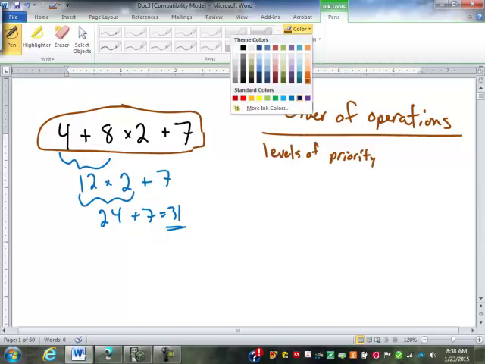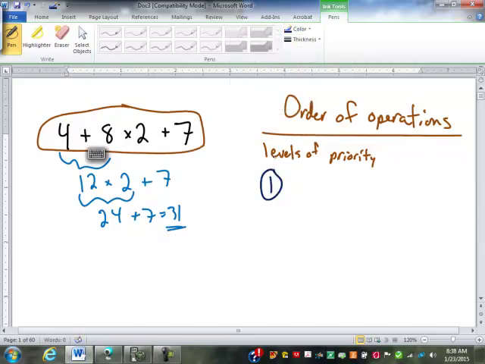It defines the number one, or first level of priority, something called enclosing symbols. Many of you have probably just heard this one called parentheses. Parentheses are a form of enclosing symbol, but they're not the only one. We'll see a couple others here before we're done.